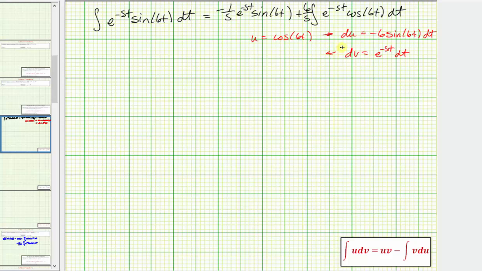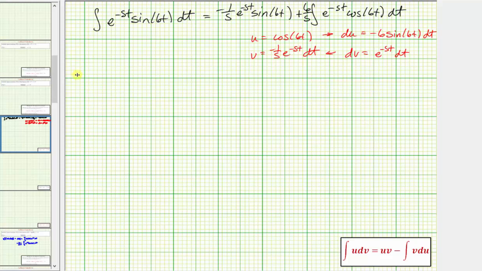And just as before, we integrate here to find v. V is equal to negative 1 divided by s e to the negative st. We need to be careful when applying integration by parts here, because it's going to be 6 divided by s times the quantity uv minus the integral of v du.